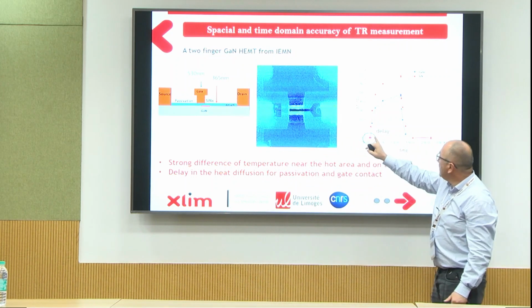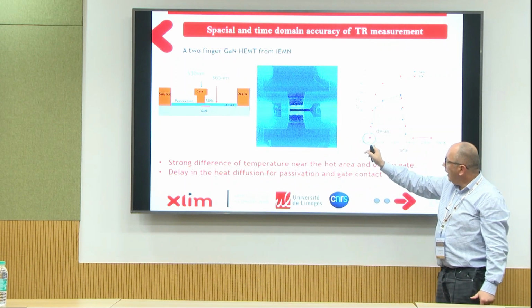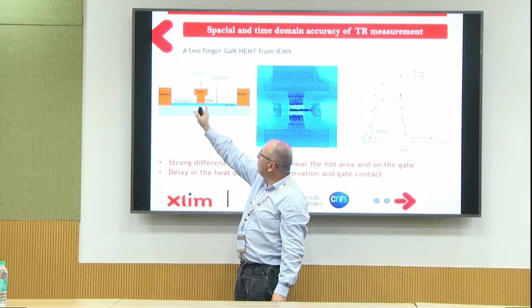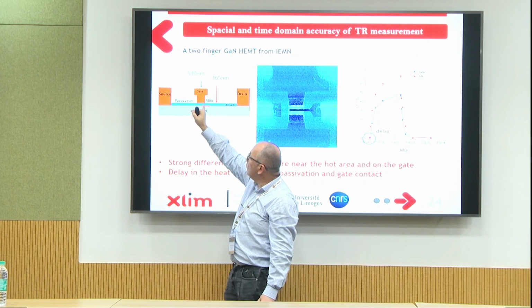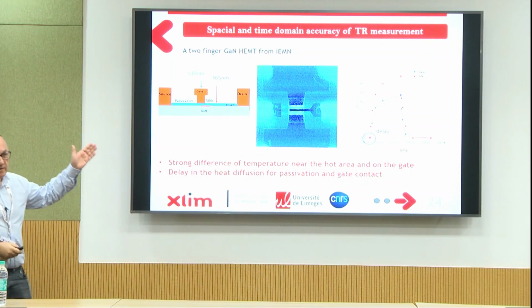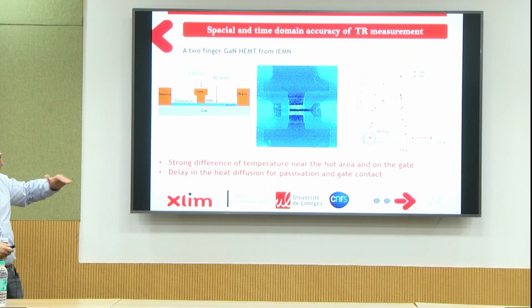And then you can see also at the beginning the delay, because the heat needs some time to go to the gate. So with this measurement setup, you can see on one hand the delay and the variation of the temperature.